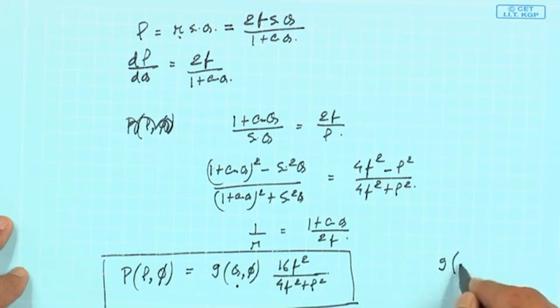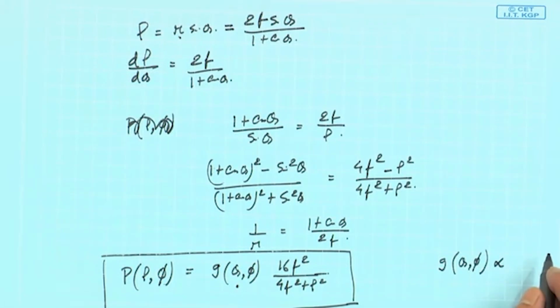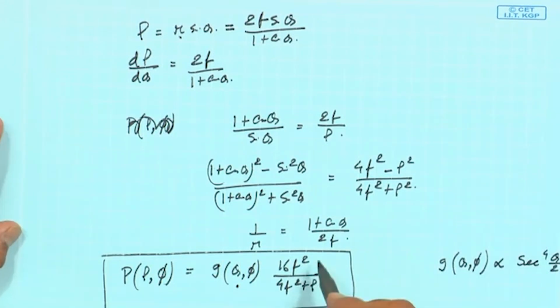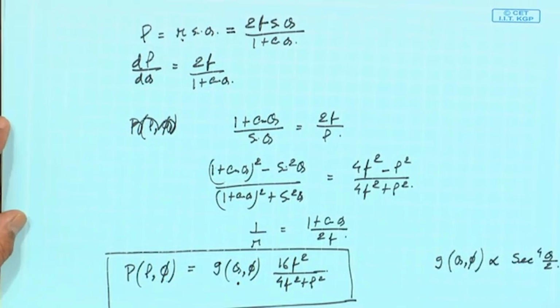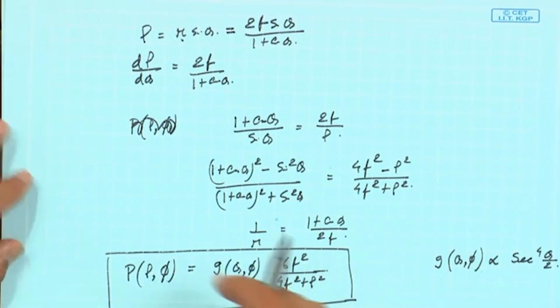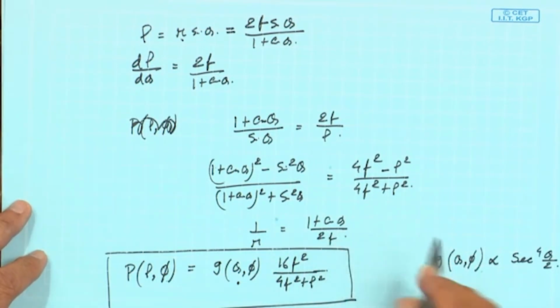From here you can see that G theta phi should be proportional to sec 4 theta by 2. How? Just you put it, bring this angle theta, using this relation, 1 plus cos theta by 2f.